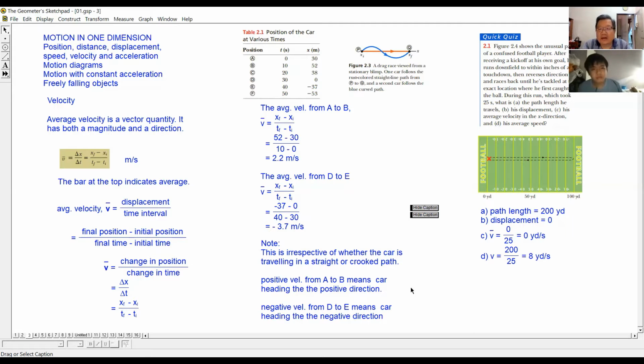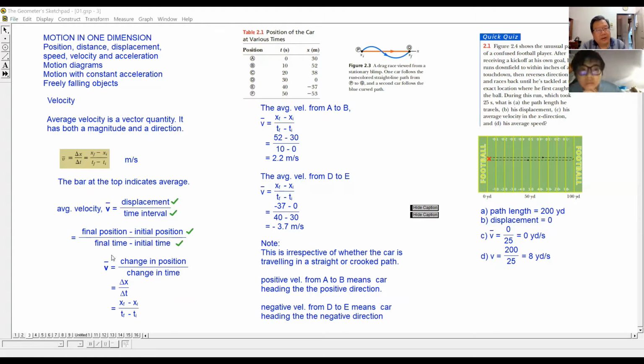Displacement is the final position minus the initial position. If you want to find the time interval, it is the final time minus the initial time.